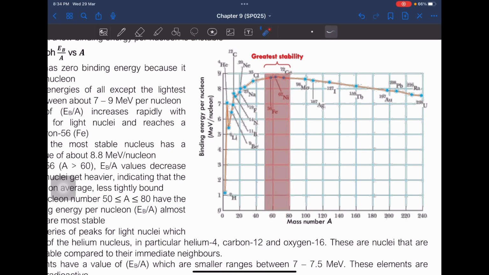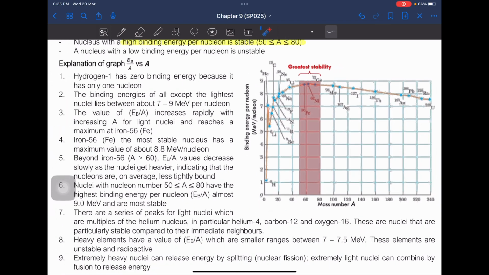If they ask you to sketch it, hopefully they won't, but you can just remember it is something like that, and that would give you marks already. Then just tell them that the value around 50 to 80 is the most stable nucleus.